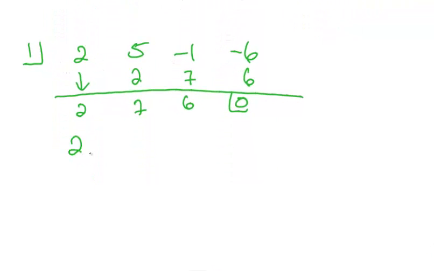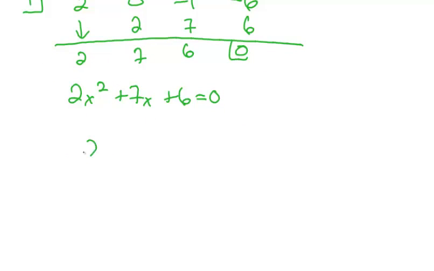Now I have 2x squared plus 7x plus 6. I can either factor this, use the quadratic formula, or I can use synthetic division again. I'm going to use synthetic division again, and I'm going to try another number, on my new numbers here: the 2, the 7, and the 6.